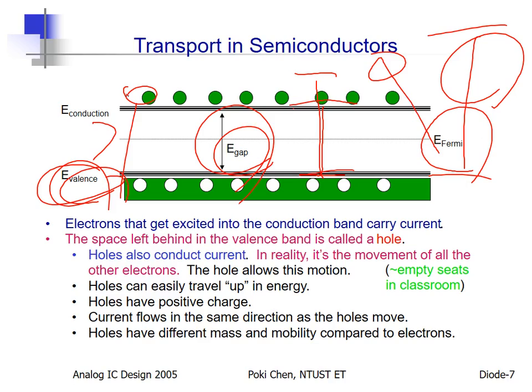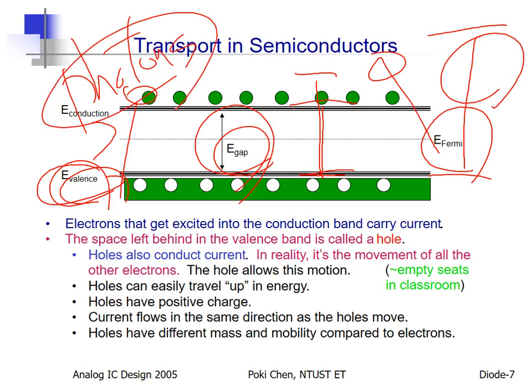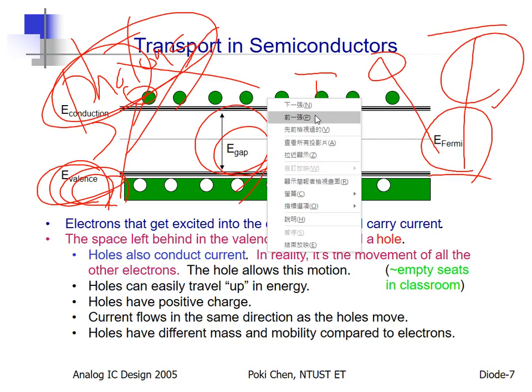That's it. So maybe we call it photons, 光子, will be merged into the valence electron to be free. The photons after absorption will disappear, not exist anymore. So exactly the same for light.